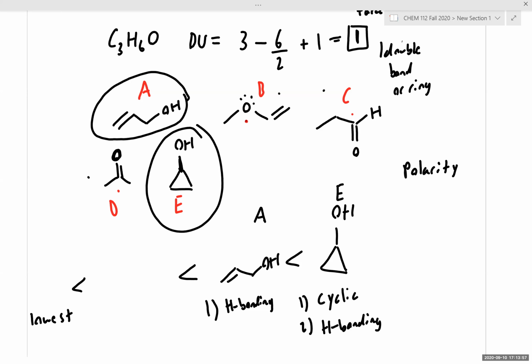And don't be shy to share in the chat. Which bond would you expect to have a greater polarization, a greater bond dipole, and which molecules would you expect would have a greater molecular dipole?